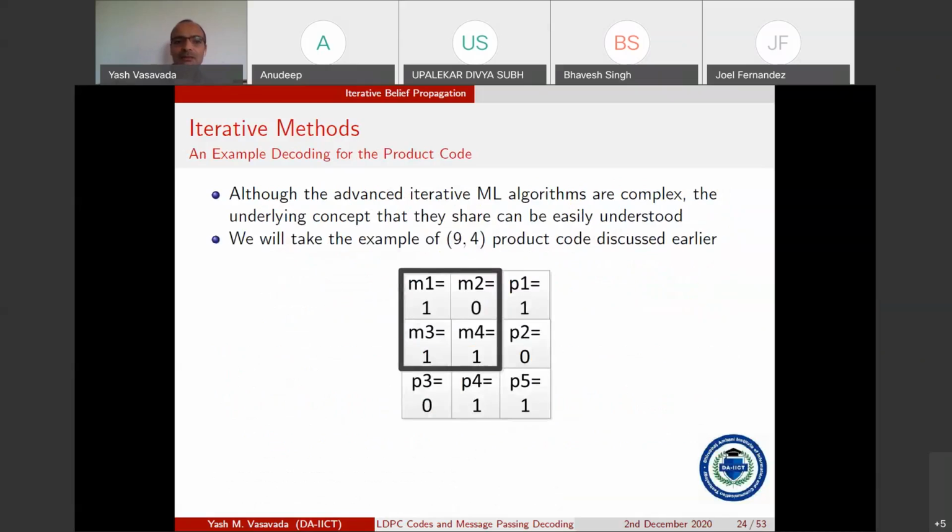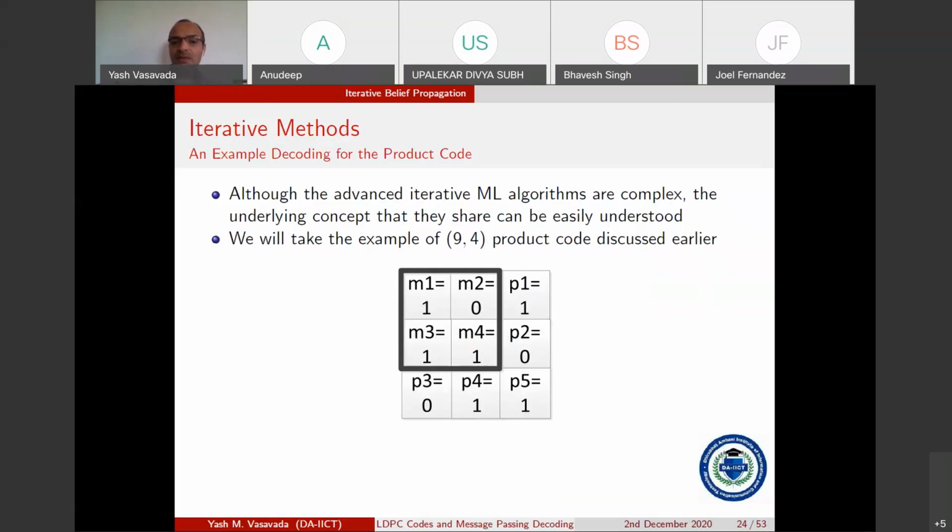So now let us move forward with the same 9x4 product code example. We'll take one specific case where the 4 message bits are 1, 0, 1, 1. And that is how the transmitted sequence looks. We'll obviously transmit it sequentially, but if you put it in a square array, this is how the encoded bits come out.